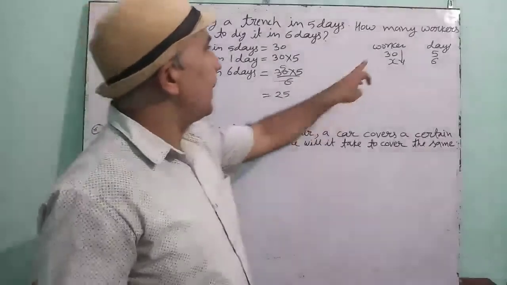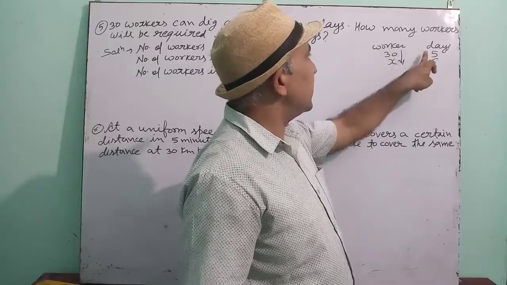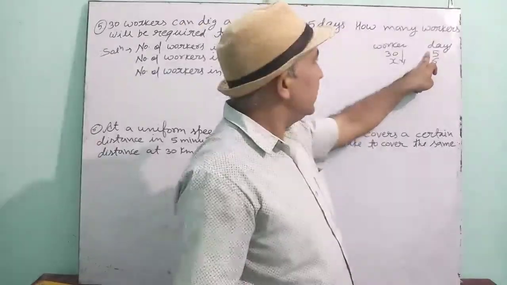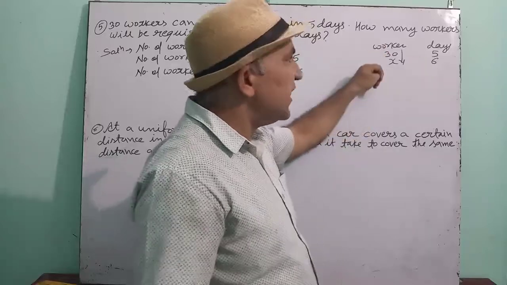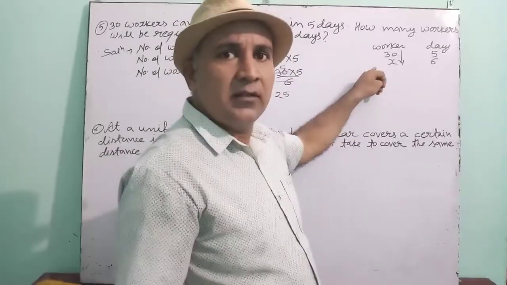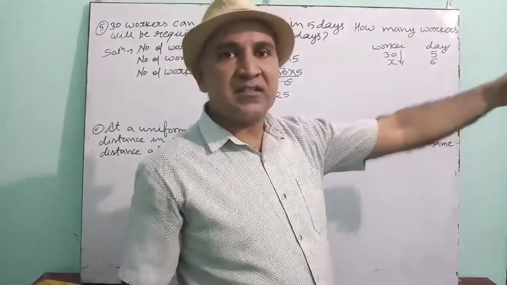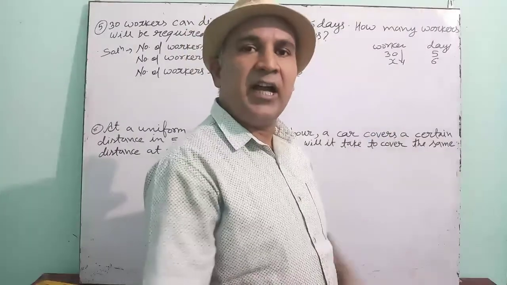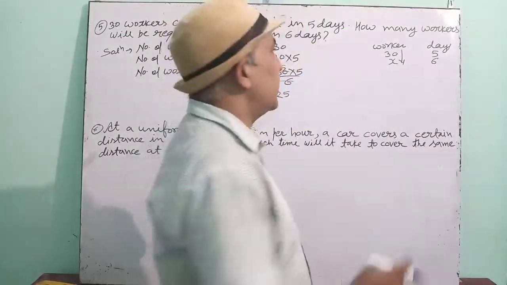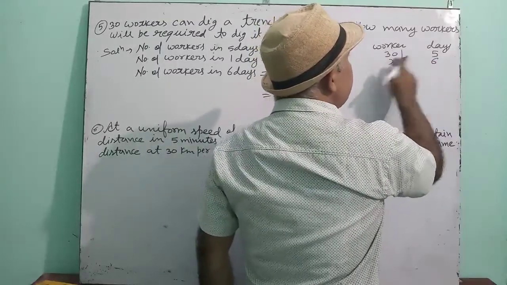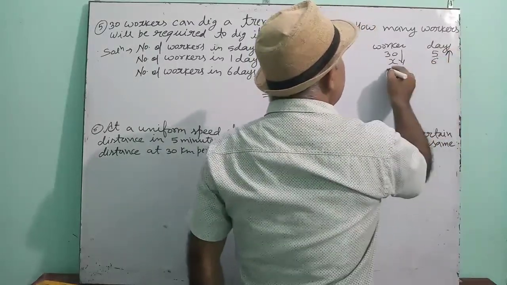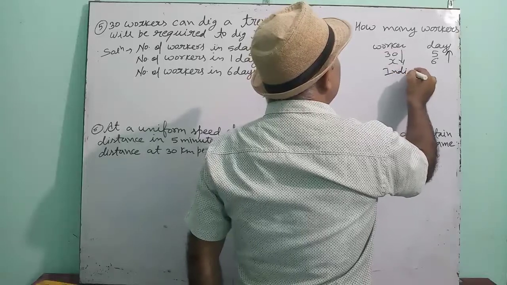Now think, if 30 workers are taking 5 days, then to complete the work in more days, fewer workers are required. If we have to increase the number of days, then we have to reduce the number of workers. Means days are increasing, then workers are decreasing. So there is indirect variation.